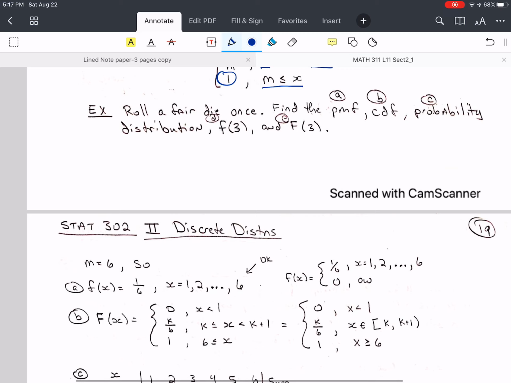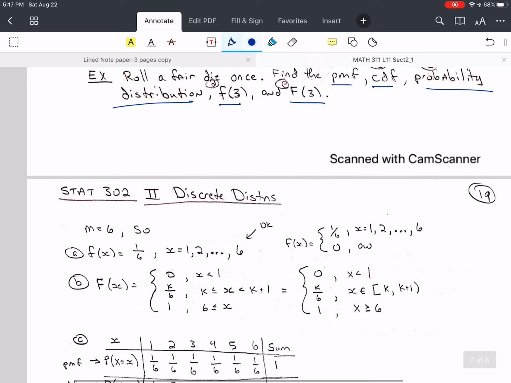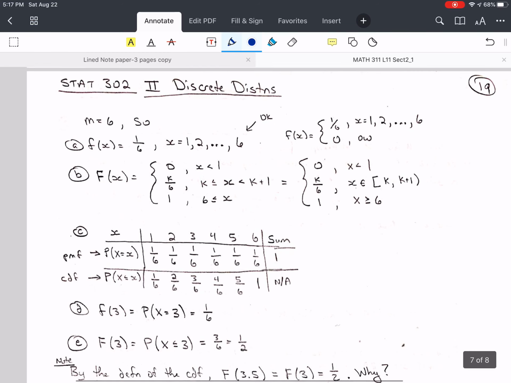Now, we're going to roll a fair die once. We want to find the PMF, the CDF, the probability distribution. I want to find f of 3 and capital F of 3. So here we go. Notice that in this case, m is 6. And if it's a fair die, we can use the classic definition of probability and say it's 1 over however many we have.